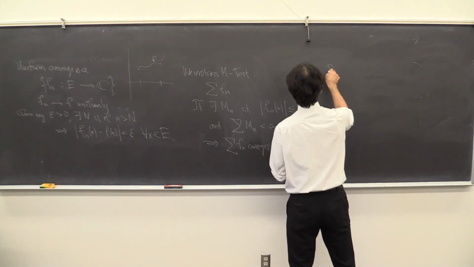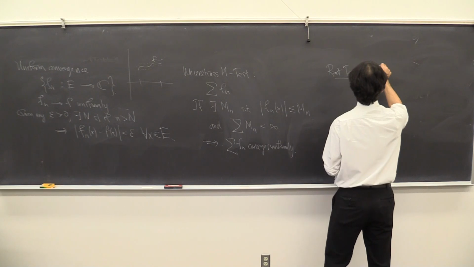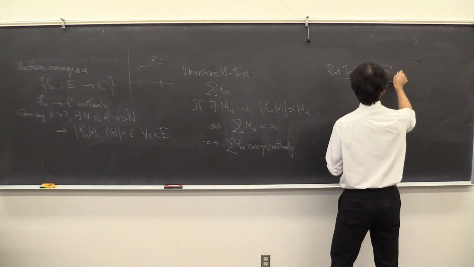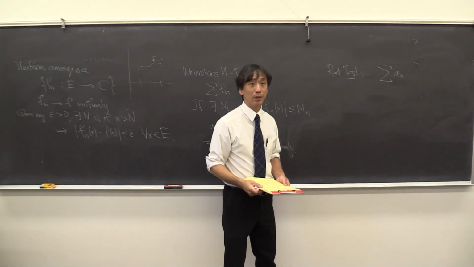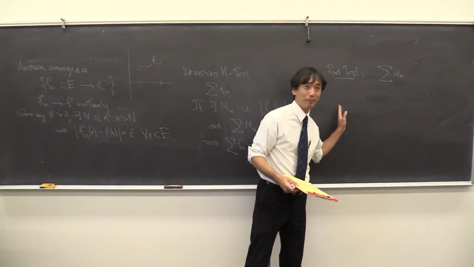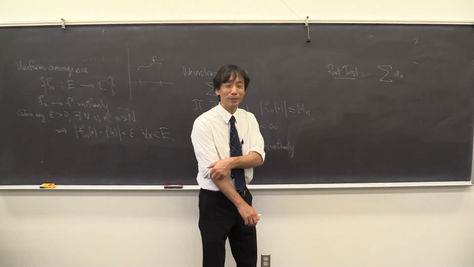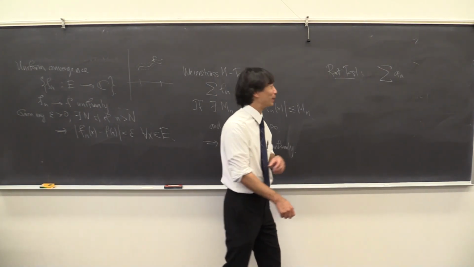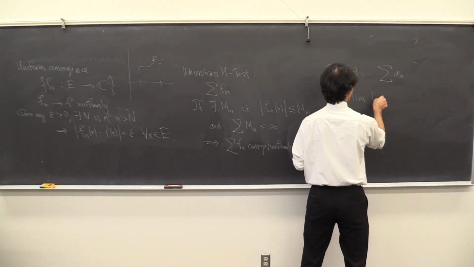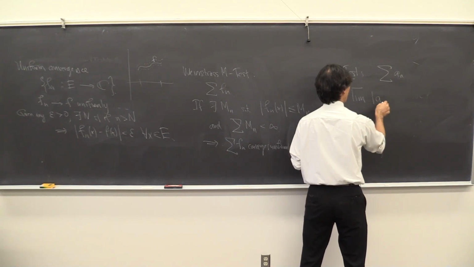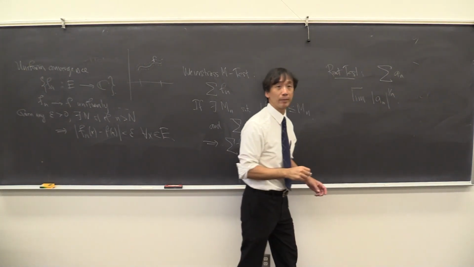The root test. You've got some series of complex numbers. What does the root test tell you? Can anybody remember the root test? Sure. You look at the lim sup of the absolute values of the nth roots.